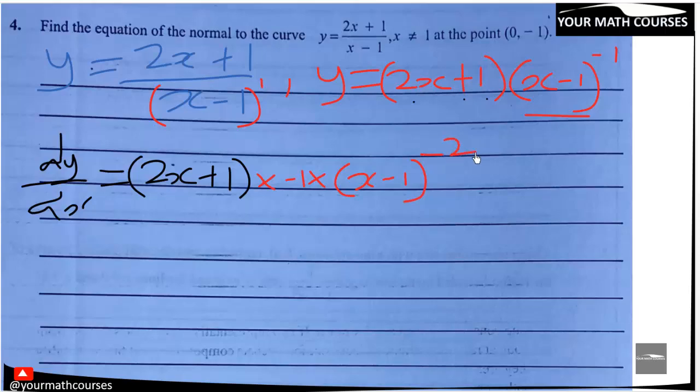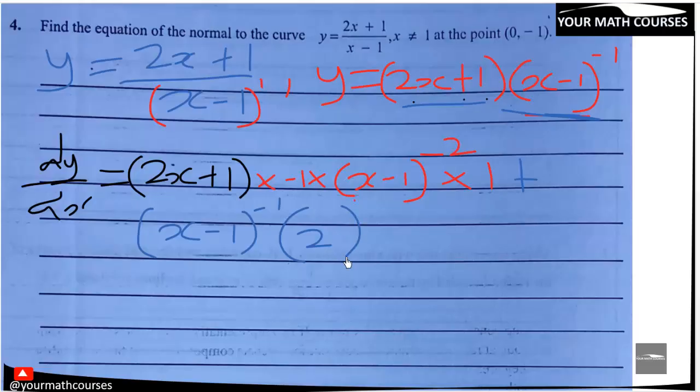Then subtract 1 from the exponent. Then I multiply by the derivative of what is inside, which is 1. So I will now add the 2. This time I'm going to cover this one. So I'll write it down, x minus 1 exponent -1. Then I'll multiply it by the derivative of whatever is here, 2x plus 1, which is 2.